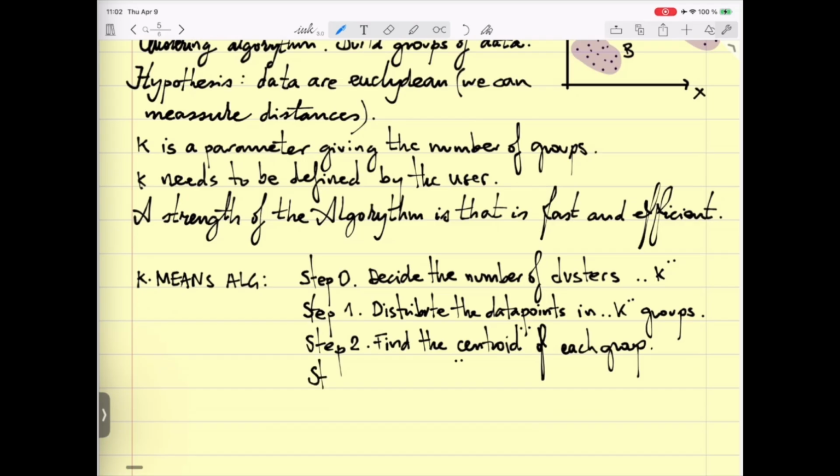Then step number 3, calculate the distance of the points to the centroids.